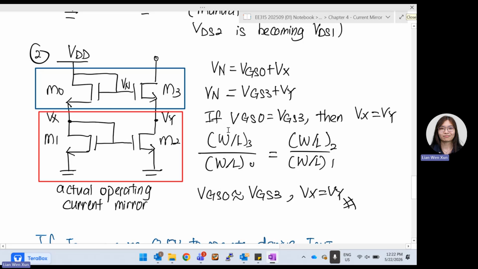Once we stack them together, this current needs to flow to here and this current also needs to flow to here. They are copying each other, so the VGS and VGS are balanced already because I copied already. So the voltage drop at the top is the same as the voltage drop at the bottom. Now my Vx and Vy are the same. So finally, W over L of 3 divided by number 1 is equal to 2 divided by number 1.